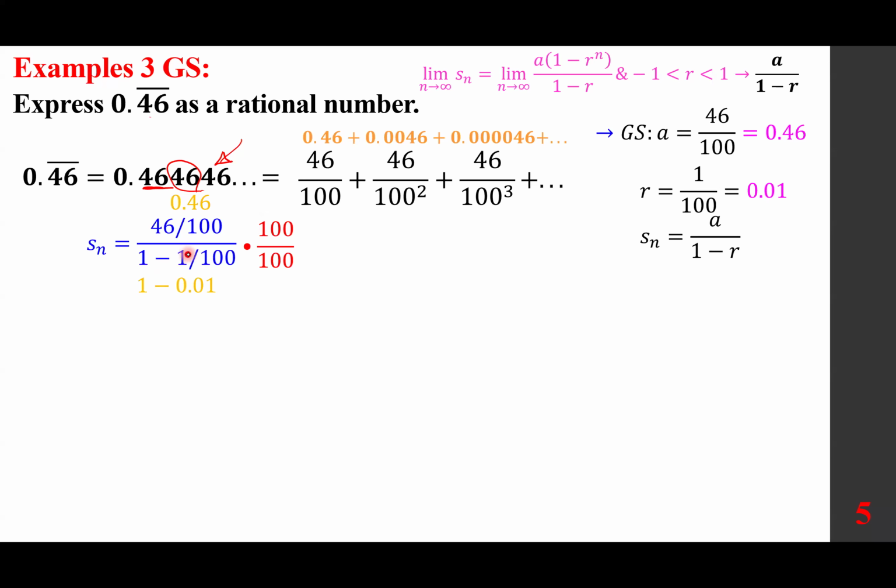This becomes 100 minus 1, or 99. This can't be simplified, and you're done. If you want to go with the decimals, you write this one and this one. The numerator is 0.46, and the denominator is 0.99. And I hope you see that these two are the same.